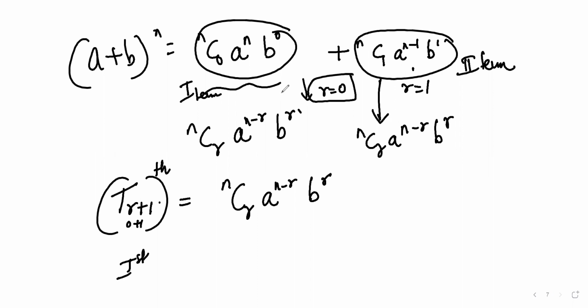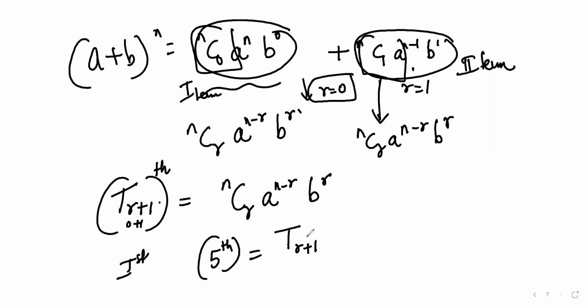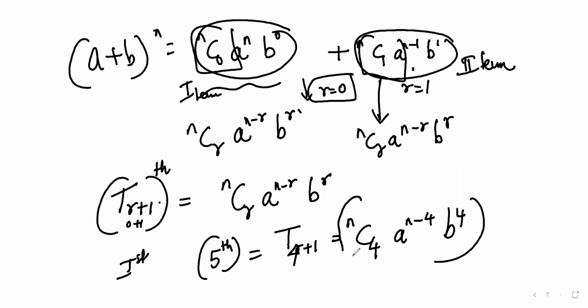For the first term you get nC0, second term it is nC1. Let's say I want the 5th term. That means T(r+1), my r+1 is 5, so r should be 4. The 5th term will be nC4 a^(n-4) b^4. Did you get this? So the (r+1)th term is nCr a^(n-r) b^r.